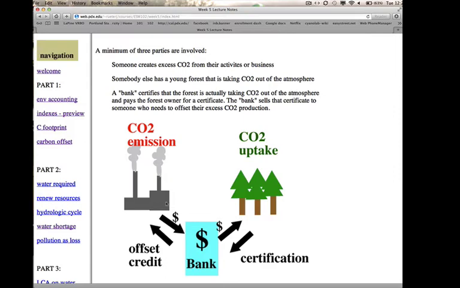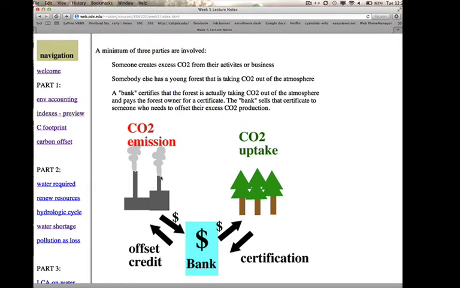So the business pays the bank, and the bank pays the forest, and the bank keeps a little bit of money for itself as part of the transaction fee. So this is how the offset generally would work. And so the advantages of this is you can have CO2 emissions, and these people can keep their company running and spend money in an effective manner to run their plant and maybe reduce overall emissions.